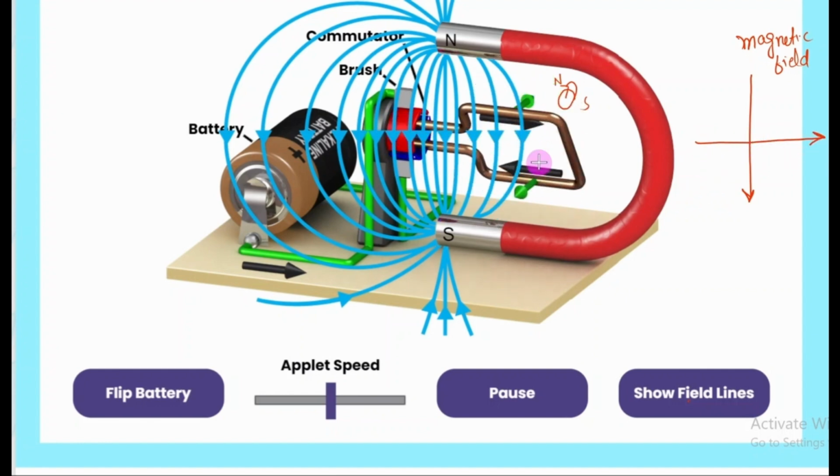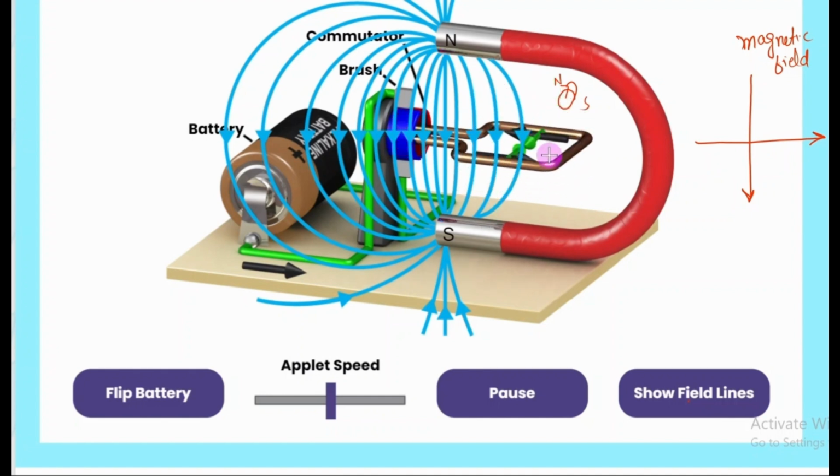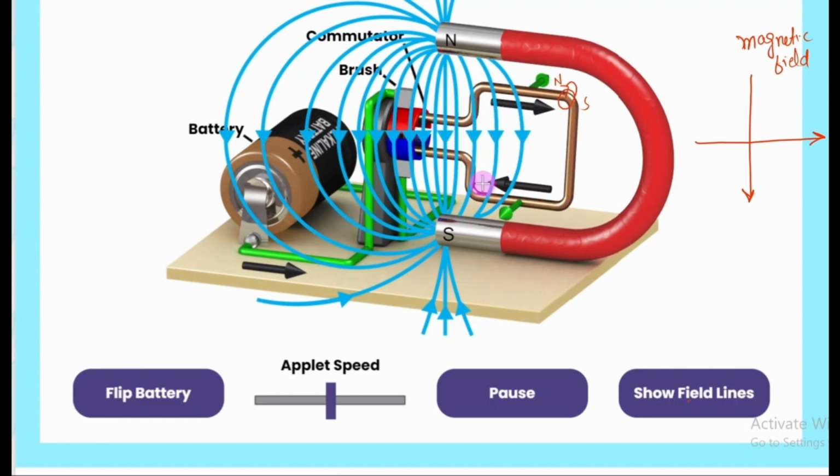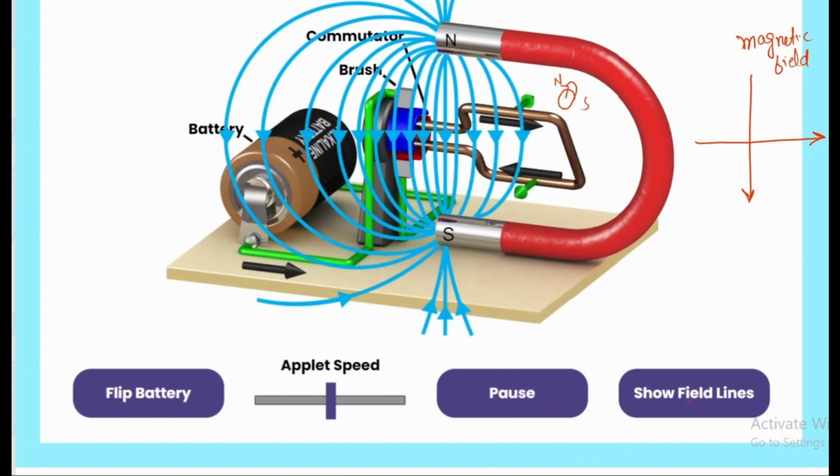This is the direction of the electronic current, which is represented by the black colored arrow here. So I'm going to pause this. Here, this black colored arrow represents the direction of the electronic current. The electronic current is from the negative toward the positive. So this is the direction of the electronic current.